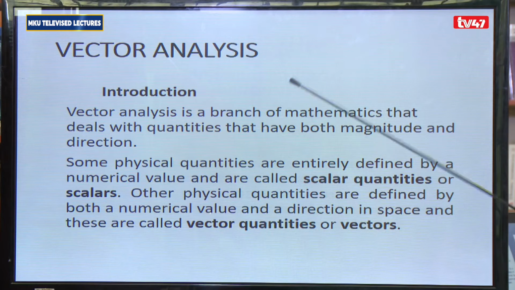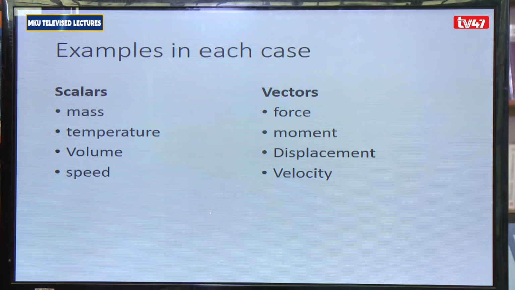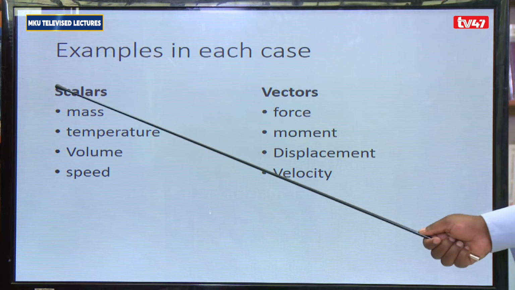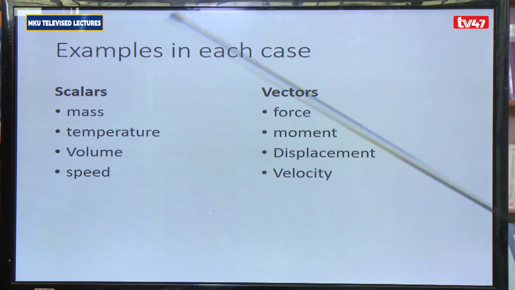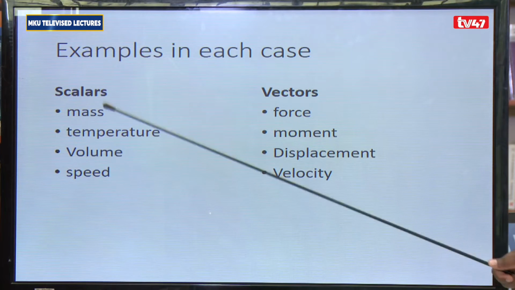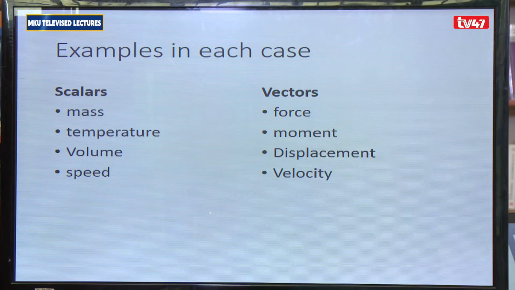Other quantities are defined by numerical value and direction in space, and these are called vector quantities, or simply vectors. Now, we have examples of each of these. For scalars, we have mass, temperature, volume, and speed. For vectors, we have force, moment, displacement, and velocity.